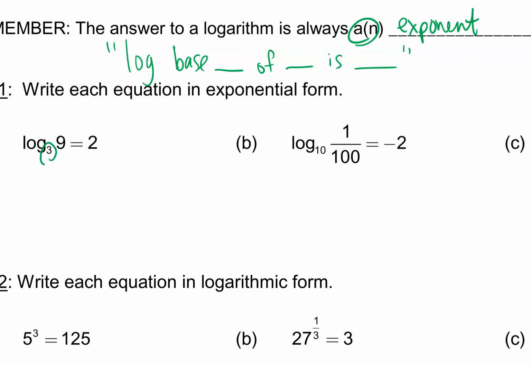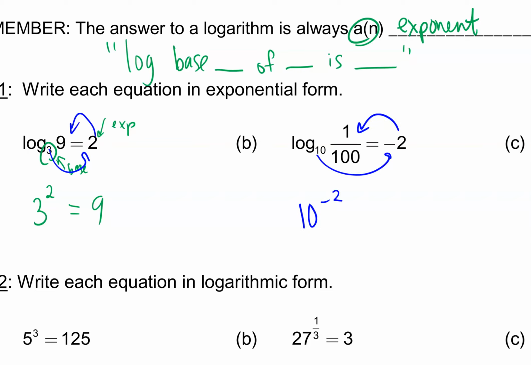So log base 3 of 9 is equal to 2, because this is going to be your base, and the answer is always your exponent, and then you wrap it around. So let me pick a different color. So you wrap it around. So I say 10 to the negative 2 is equal to 1 over 100.